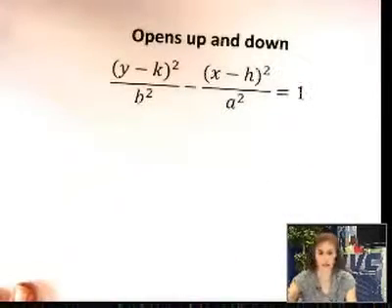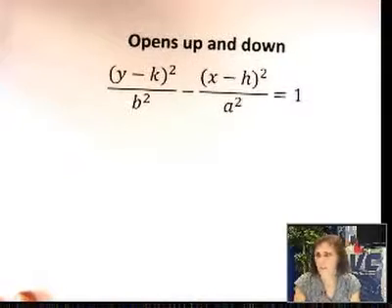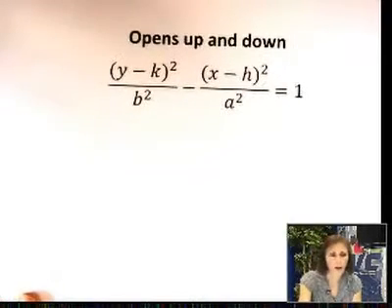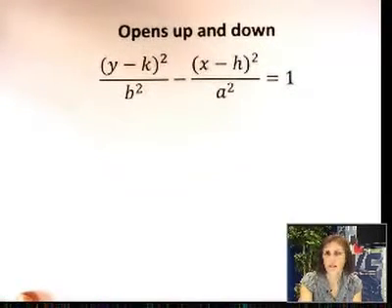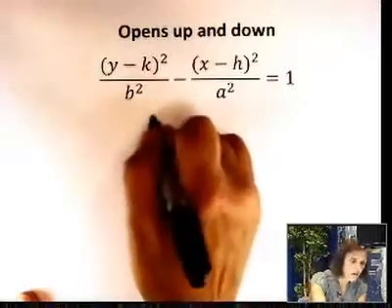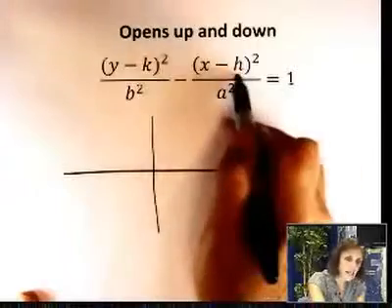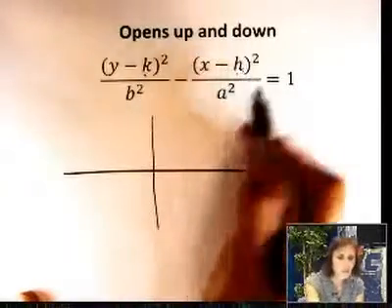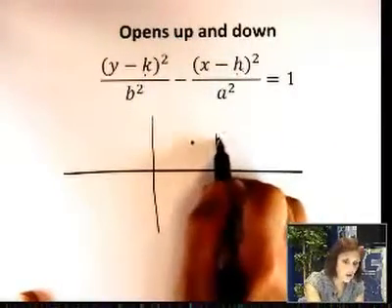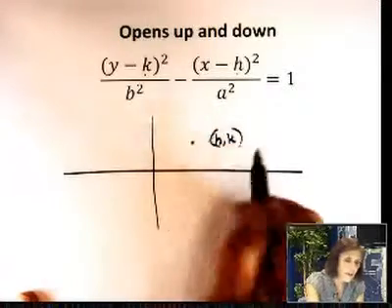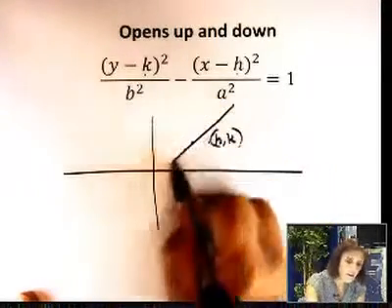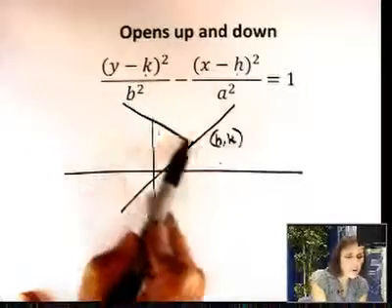Now, let's look at the next one. This one opens up and down. This is how it works. This is a hyperbola because it's minus. And it's going to be centered at h, k, again, h is with x. It's going to have the asymptotes.